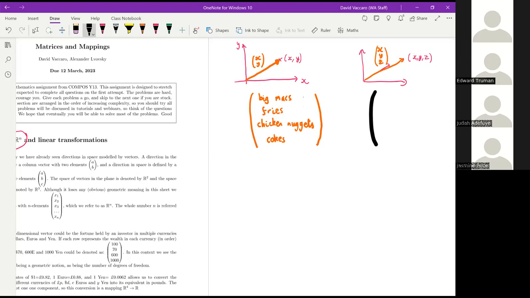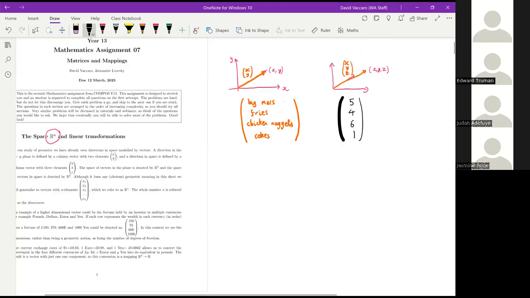But let's stick in this sort of Big Mac world at the moment. So we could imagine ordering 5 Big Macs, 4 portions of fries, 6 chicken nuggets and a Coke, and we could represent it as a vector like this: 5, 4, 6, 1.